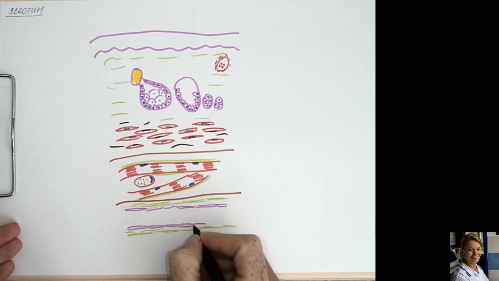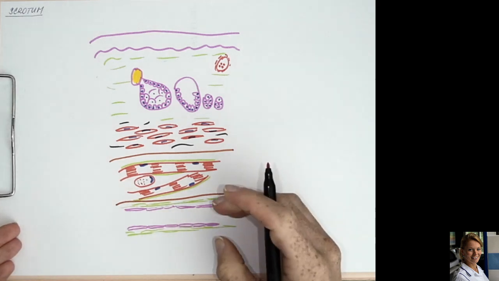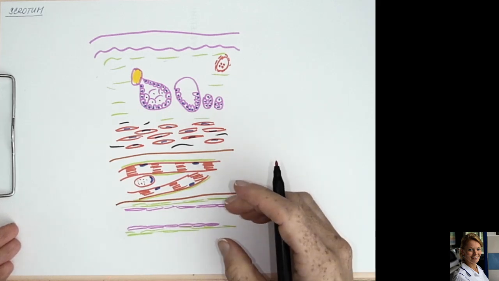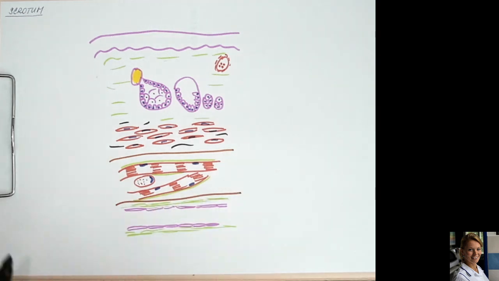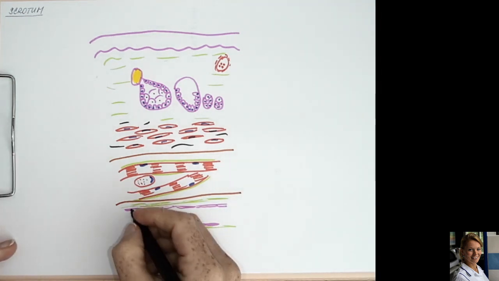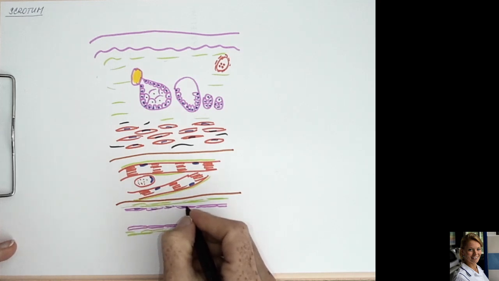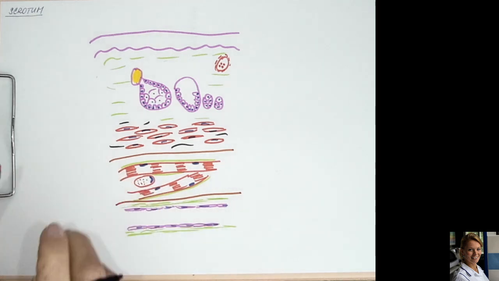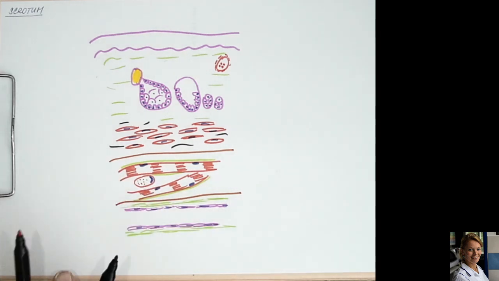And between the two serous membranes, there is the vaginal cavity of the testis. Flattened nuclei of the mesothelium. So now we label the scheme.